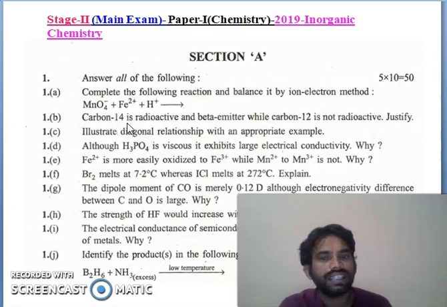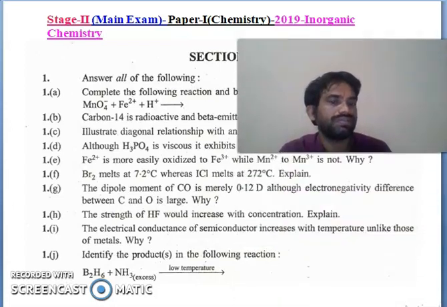Carbon-14 is radioactive and a beta emitter, while carbon-12 is not radioactive. Justify. Illustrate the diagonal relationship with an appropriate example. Although H3PO4 is viscous, it exhibits large electrical conductivity.